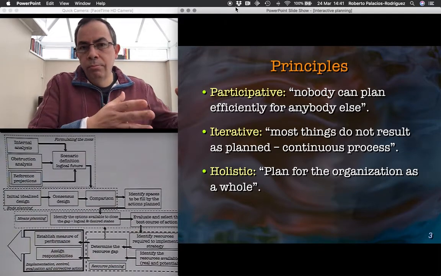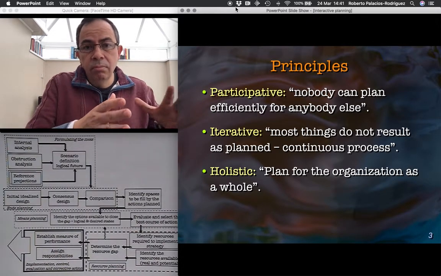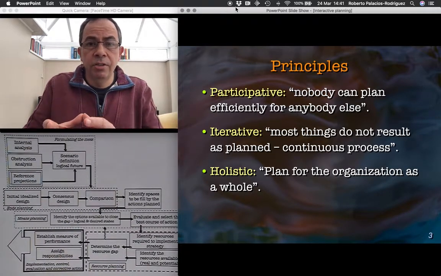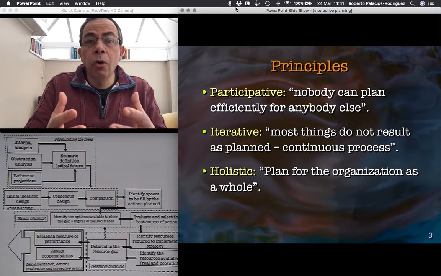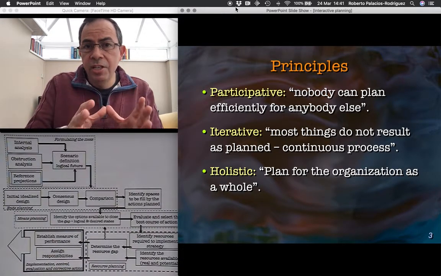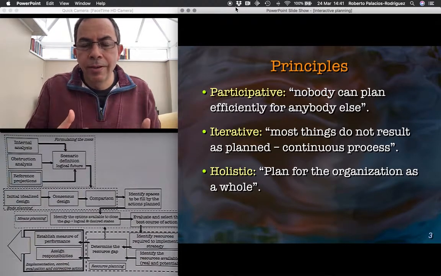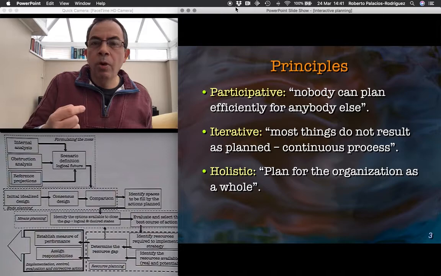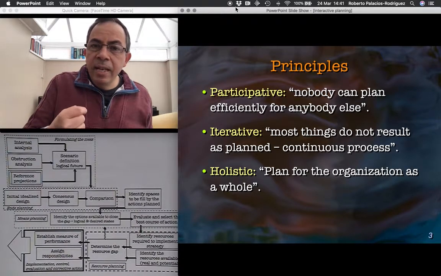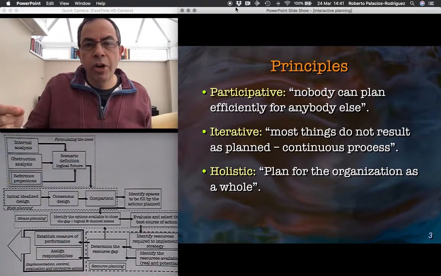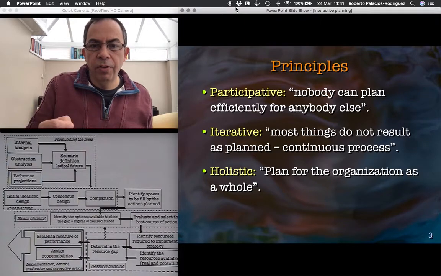Probably when we were little children, our parents made our decisions. Somebody made decisions for us. But at the stage we're in, it is not efficient. It is not even rational for somebody to decide what's best for us. The same occurs at a corporation level. We need everybody to be involved.